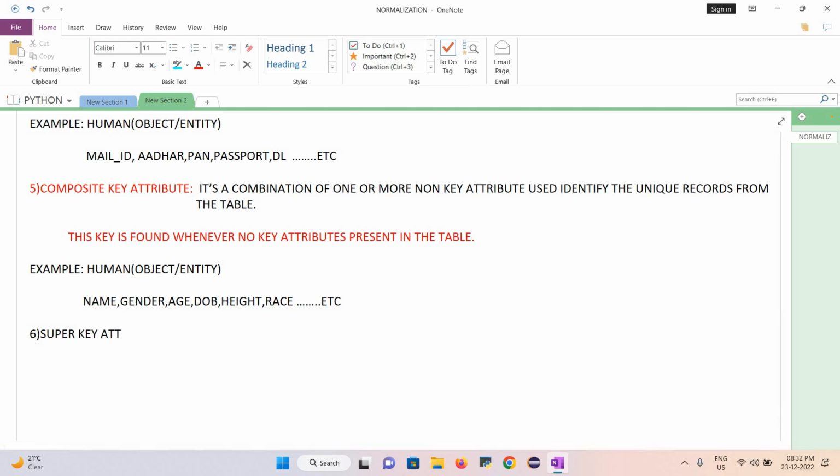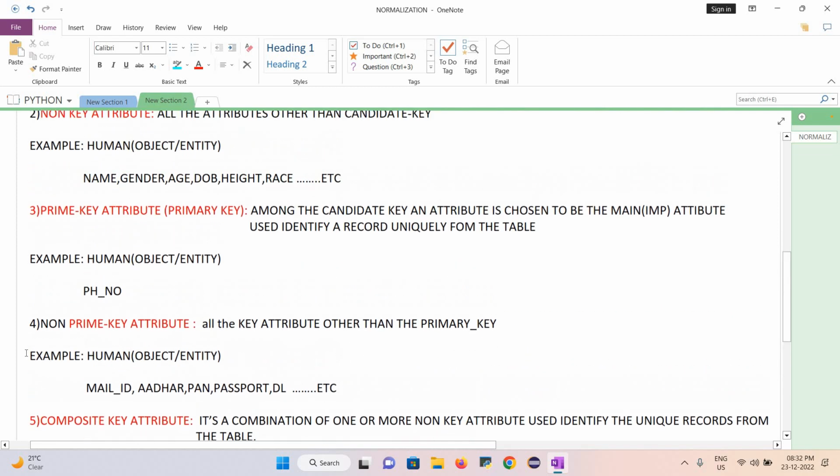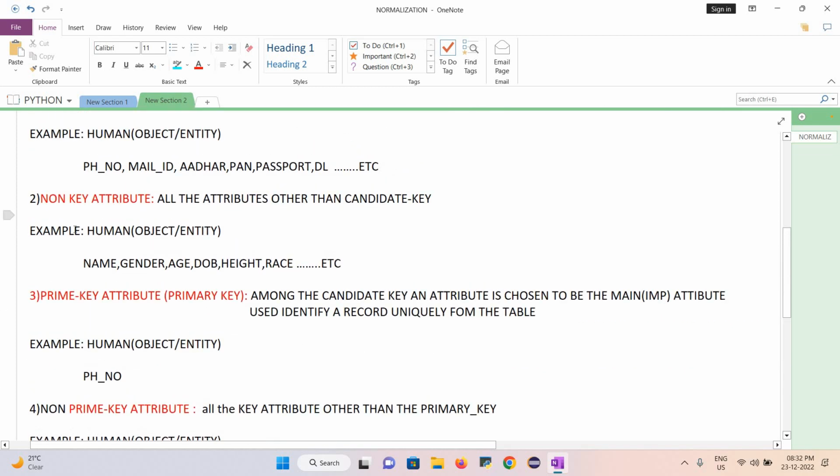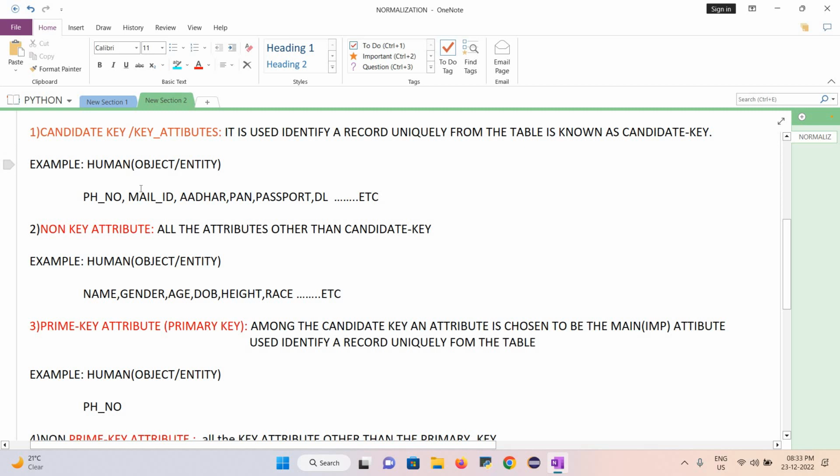super key attribute. So what does the super key attribute mean? I can say it's a set, a complete set of all key attributes. What does it mean, a set of all key attributes? Here is my example of the candidate key.